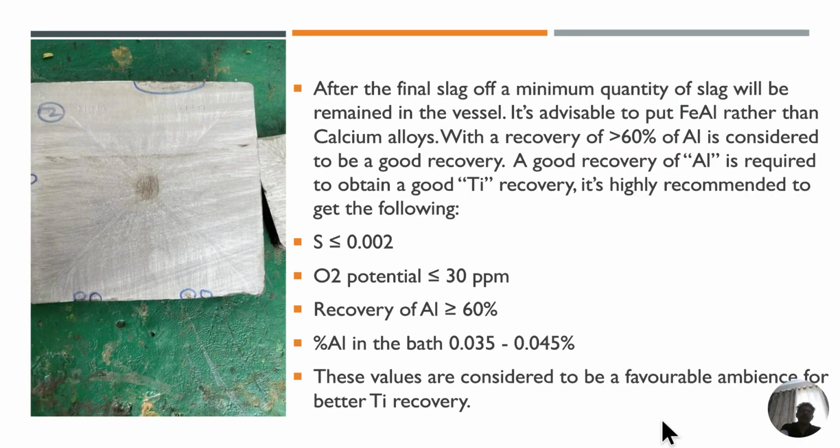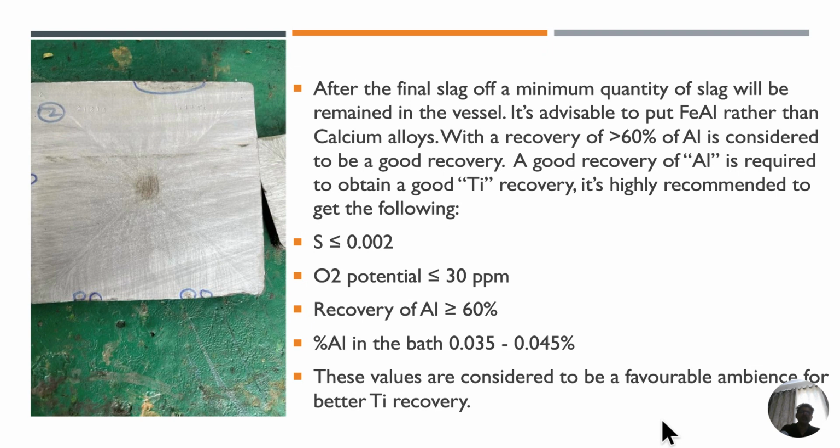After the final slag off, a minimum quantity of slag will remain in the vessel. It's advisable to put ferroaluminium rather than calcium alloys. A recovery of more than 60% of aluminium is considered to be a good recovery. A good recovery of aluminium is required to obtain a good titanium recovery.